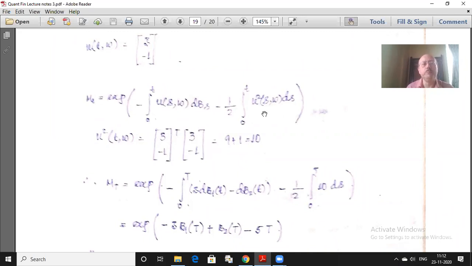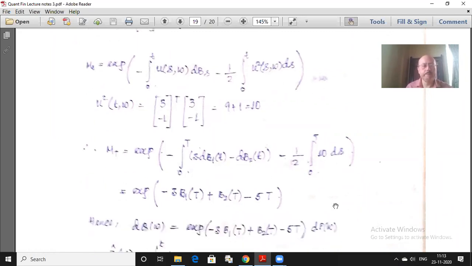So that will be like u prime u. So I know that is just simply 10. That is easy. So my Mt, as in here, will be given by 3 dB1 minus dB2, because u is 3, minus 1, minus half integral 10 ds.